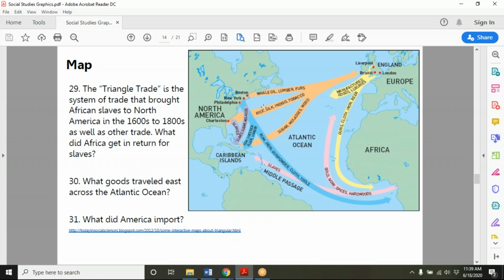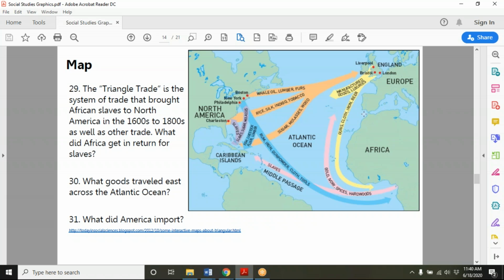Those would really be America's exports. Yeah. Manufactured goods and luxuries from Europe, and slaves from Africa. Yeah. So that's it.